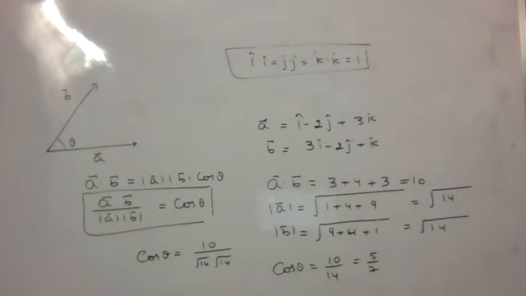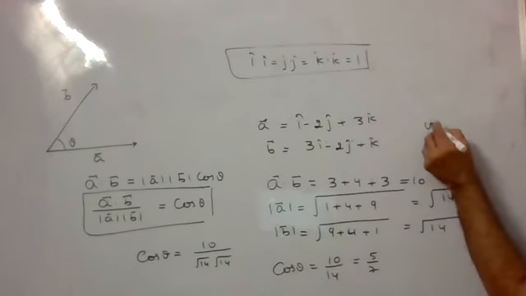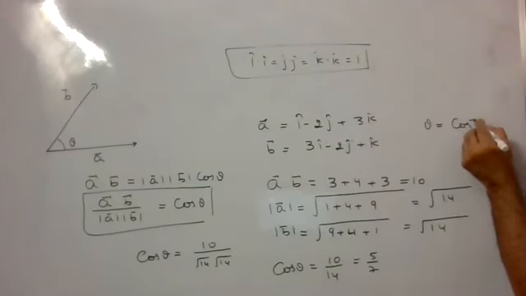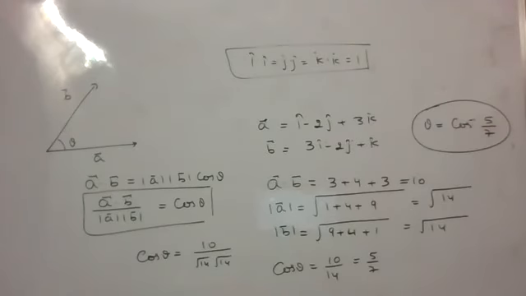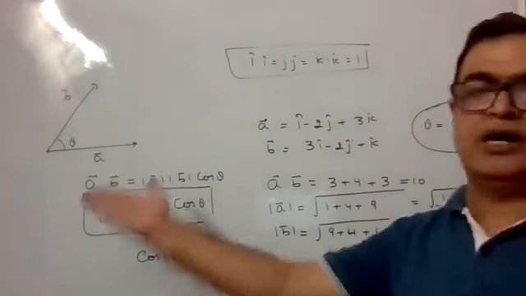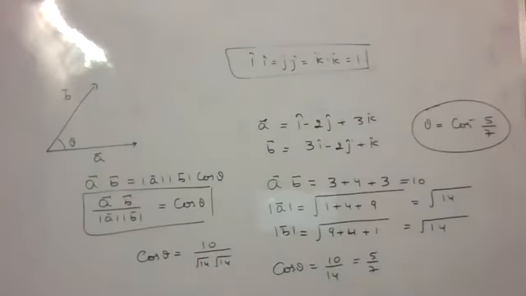Right or no? And then theta will be cos inverse 5 by 7. So this will be the answer you will be having. So simple question. This can be asked in a 1 mark or 2 mark question. Very simple questions they are asking. Next question please.